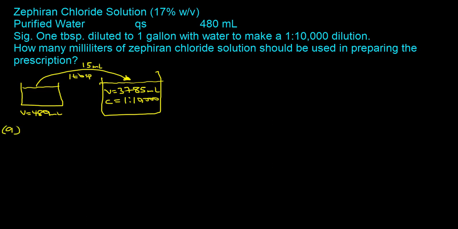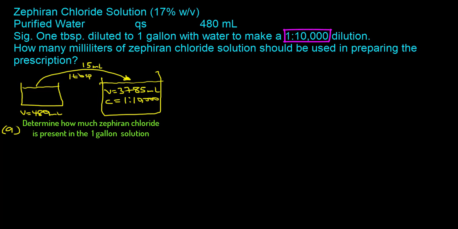So here the first thing we want to do is determine how much zephyran chloride is actually present in the 1 gallon solution. And the way we will do that is to make use of the ratio strength of the solution, which is 1:10,000. And so that implies that you have 1 gram of zephyran chloride in 10,000 milliliters of solution.